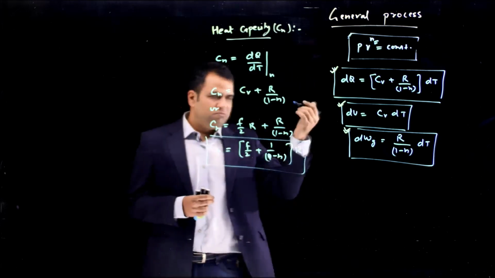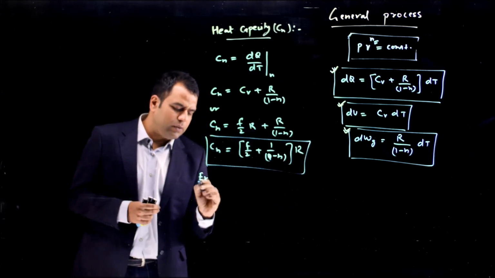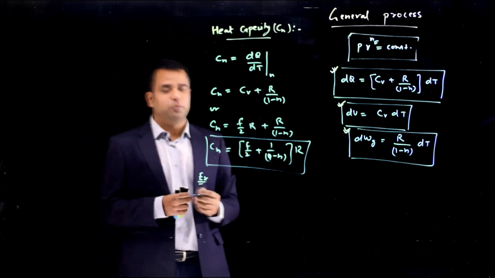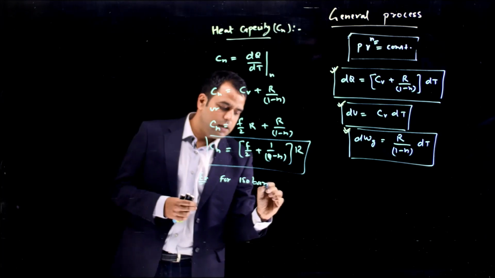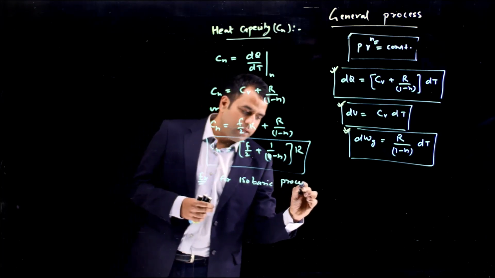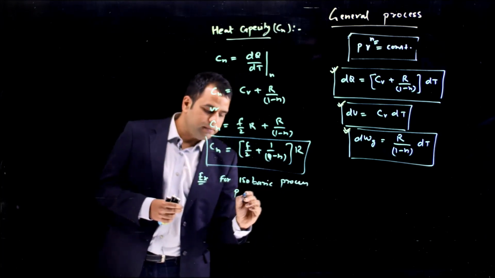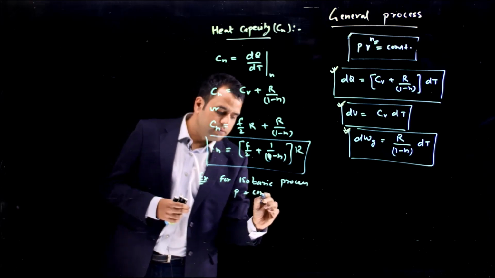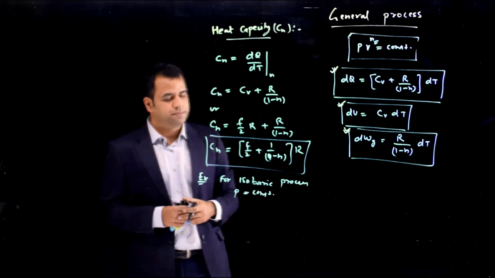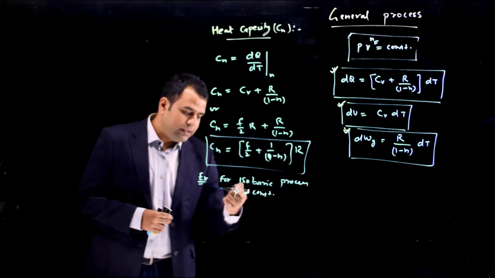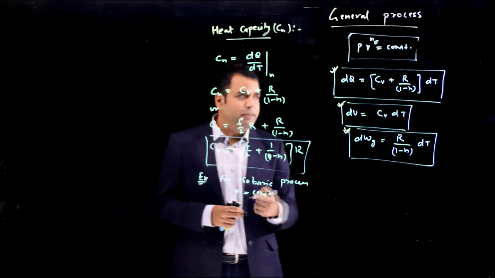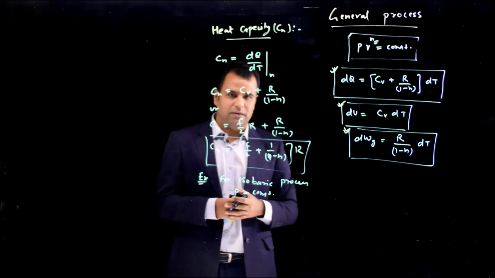Okay. So, as an example, let's try to apply this formula for an isobaric process. If there is an isobaric process, the equation for the process will be P is constant. If I want to compare this P constant formula with this, I'm not able to compare it.